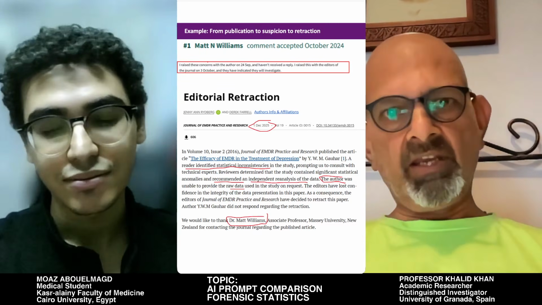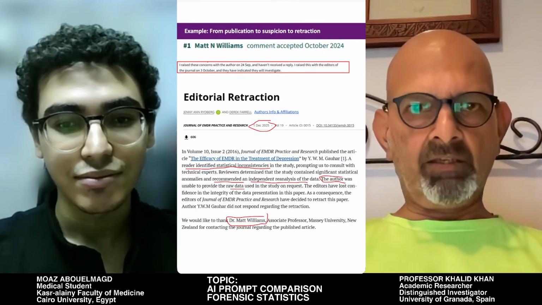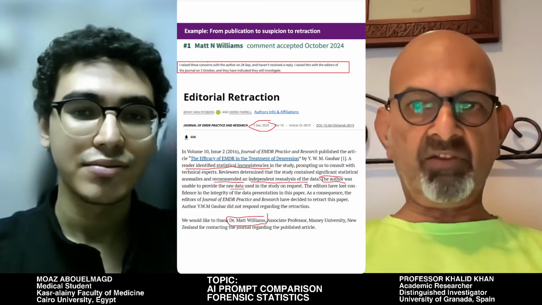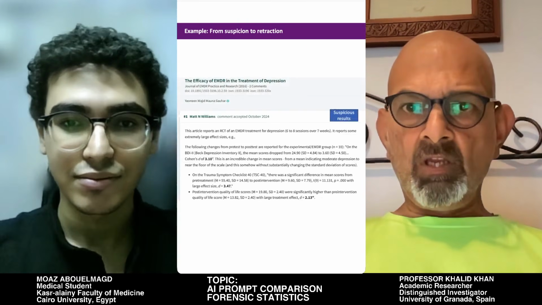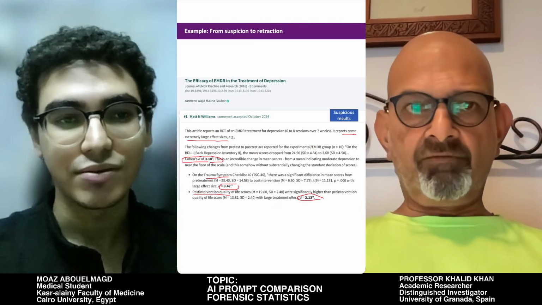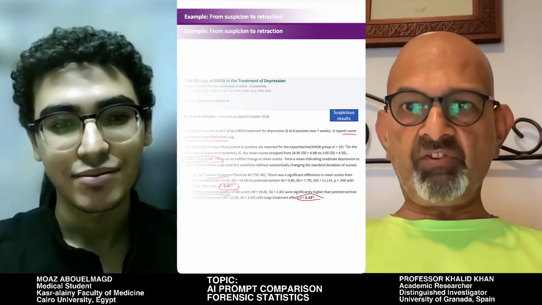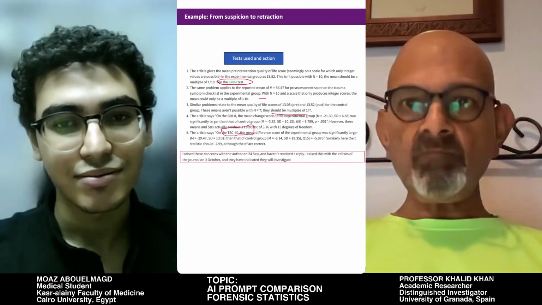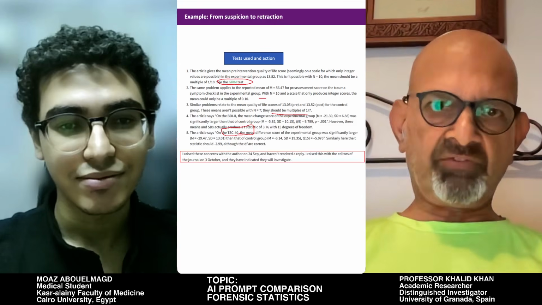And obviously, it thanks Matt for identifying the error according to the Grimm test, which led to this retraction. The journey from suspicion to retraction took quite some time, and the test used was the Grimm test, as I mentioned just a moment ago.